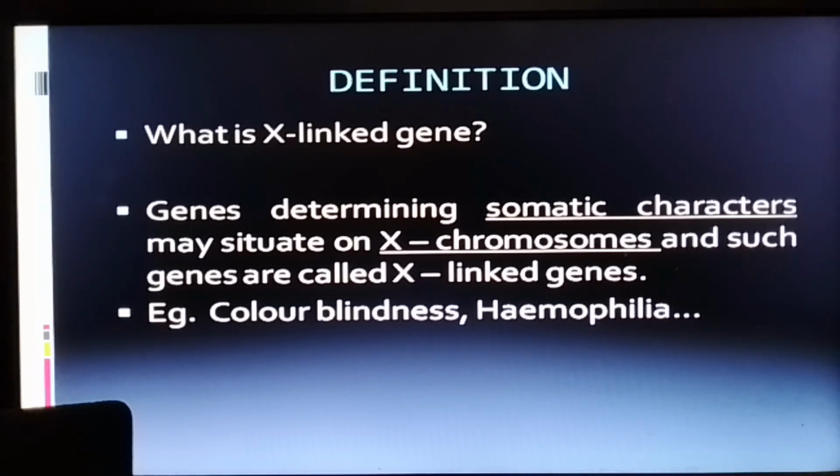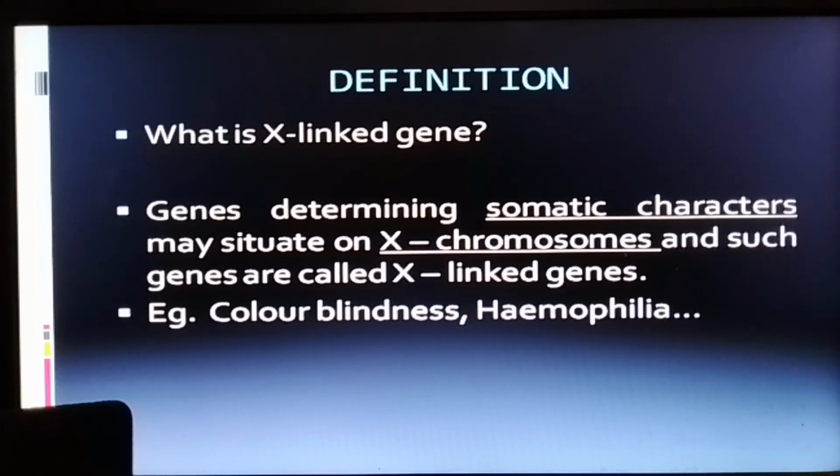But what happens? These genes which are responsible for such pure somatic characters are located on X chromosomes, either in male or female. Some of the pure somatic genes, instead of being on a somatic chromosome, are located on the X chromosome.